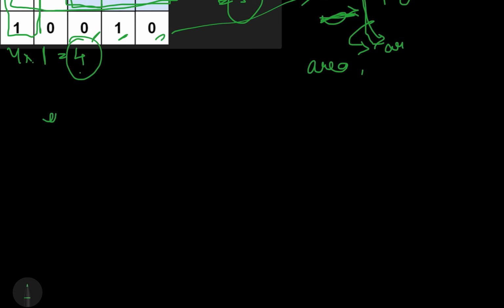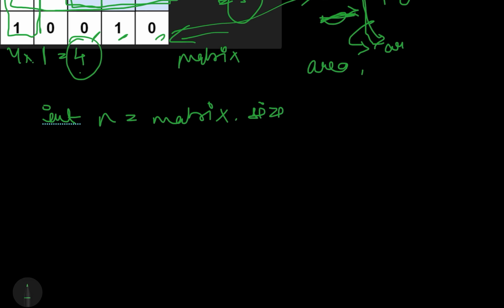Okay. So first what we'll do, we'll have a variable in which we'll have our matrix height. Suppose this is matrix, then we'll have matrix dot size.